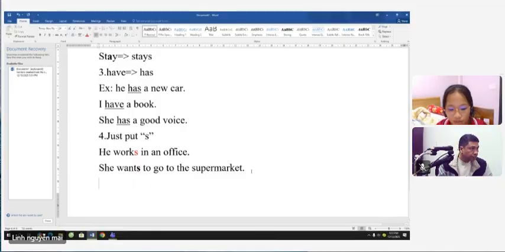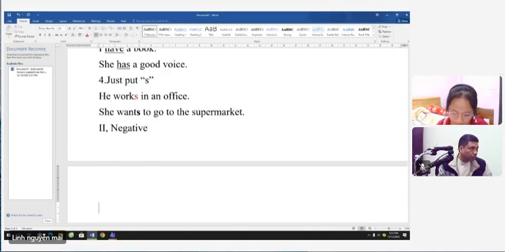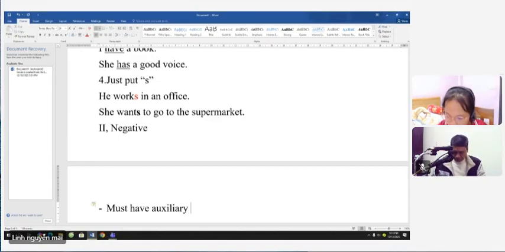So next, we will learn about the negative. In the negative sentence, we must put the auxiliary verb. Must have an auxiliary verb.